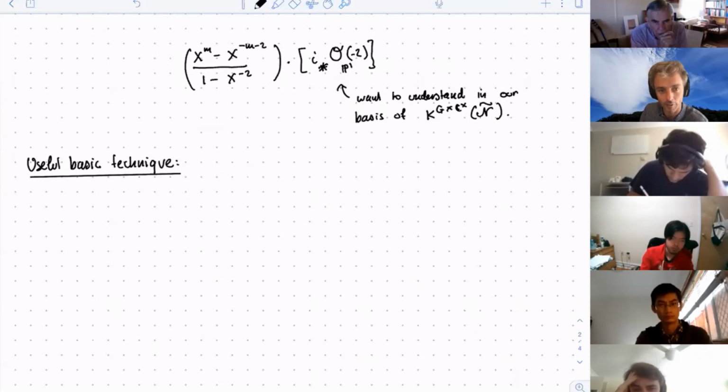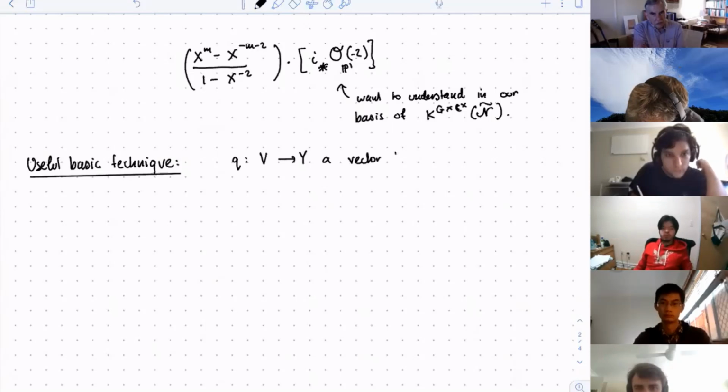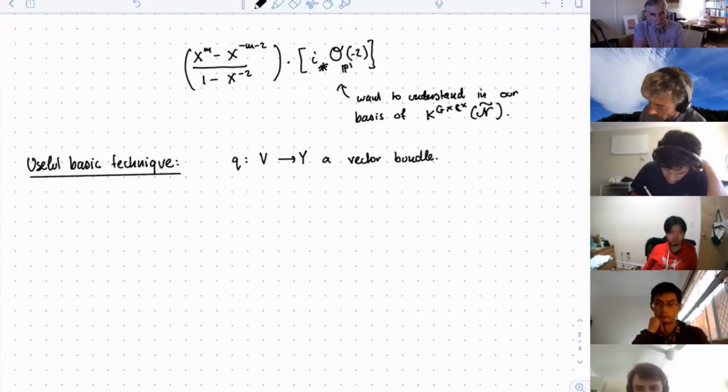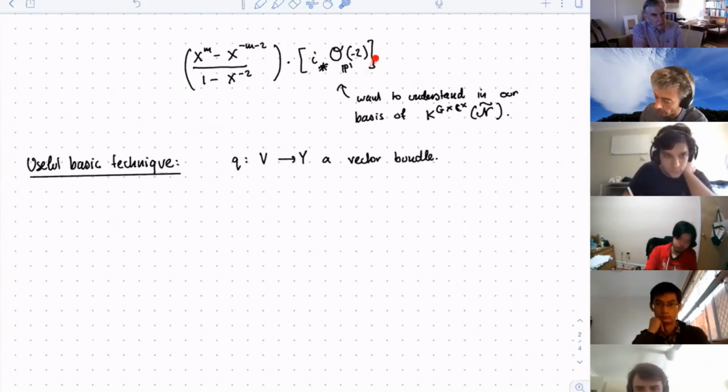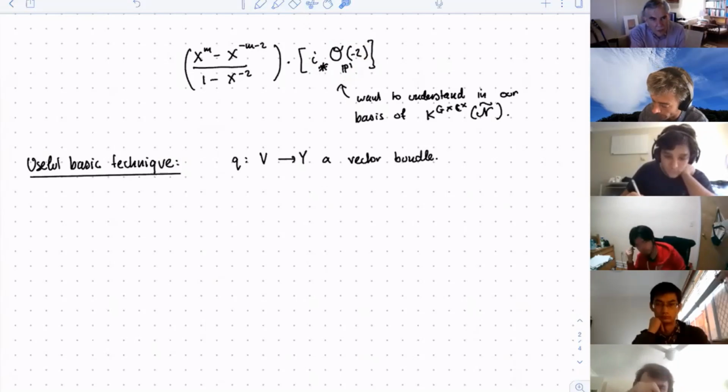I'm going over this stuff carefully, largely for the benefit of students. So we have a vector bundle as before, and imagine that we want to understand coherent sheaves on V. And that's exactly our situation here. We have our n tilde, which is a vector bundle. This is a coherent sheaf on it, and we would like to understand it in terms of line bundles.